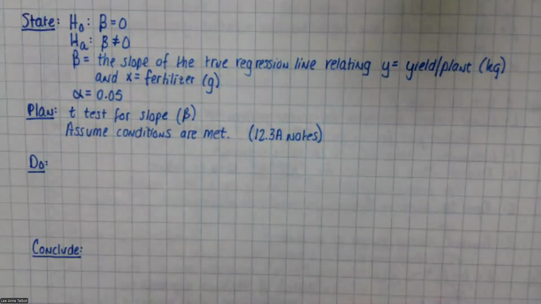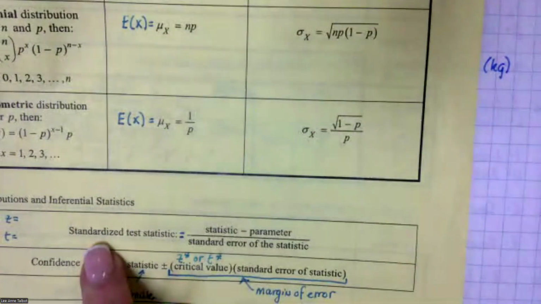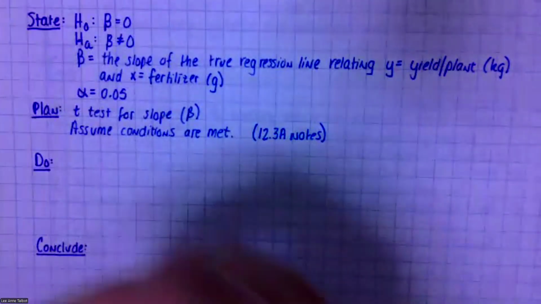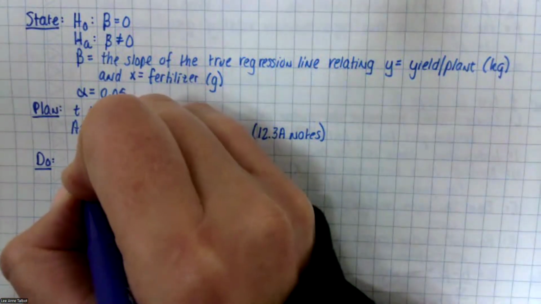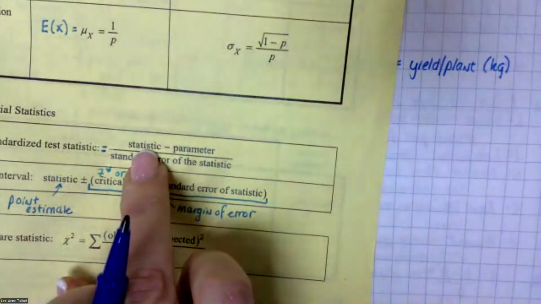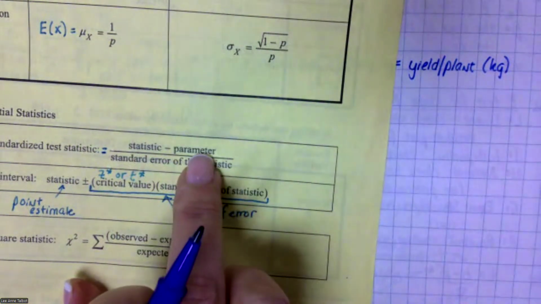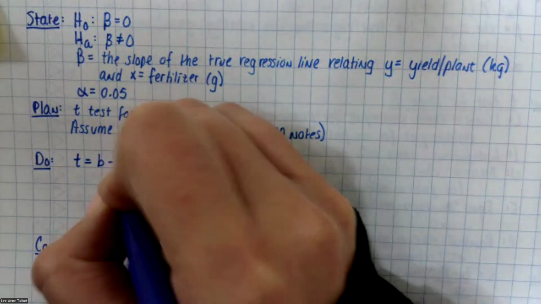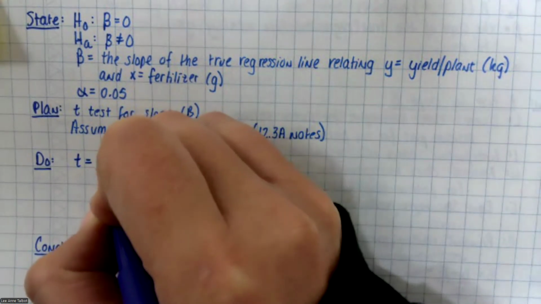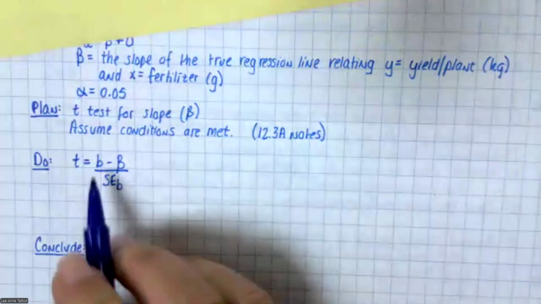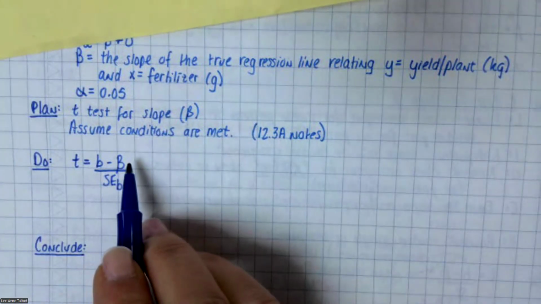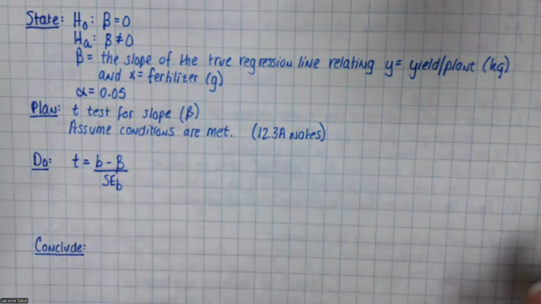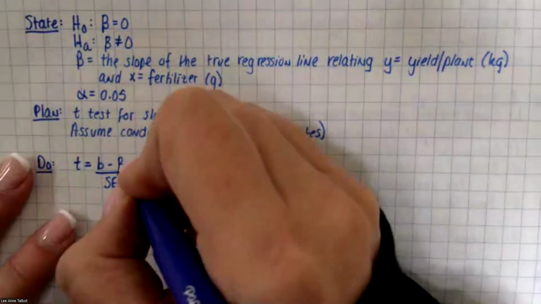Okay. Do. Standardized test statistic is t. t equals statistic minus parameter. Just because we're doing this only a couple of times, let's just write this out. So statistic minus parameter over standard error of the statistic.